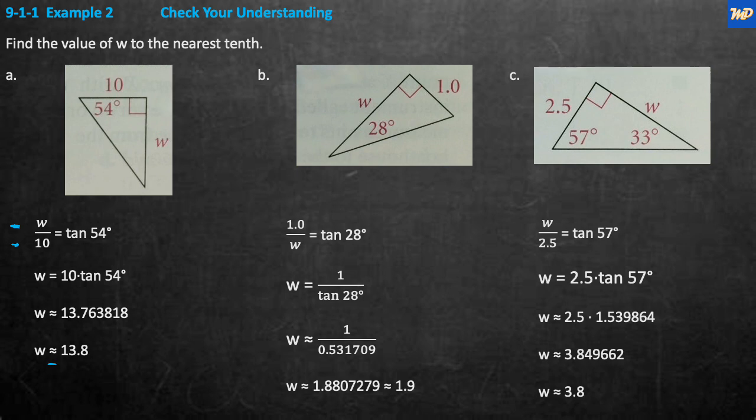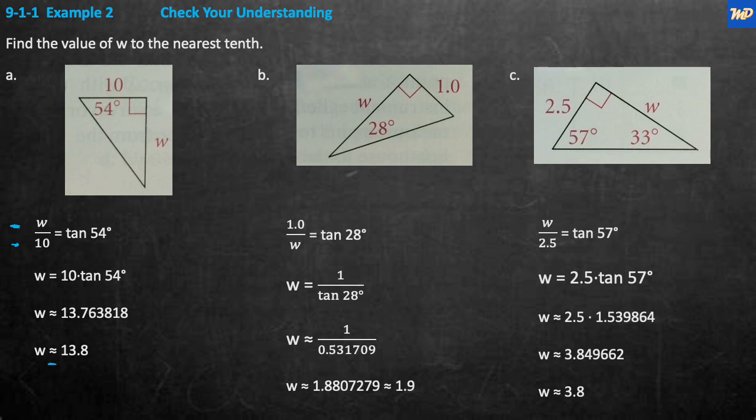When we do that, we get W equal to 1 over the tan of 28. In order to solve this, we had to do that flip, right? We took the W up here and brought the tangent to the bottom.